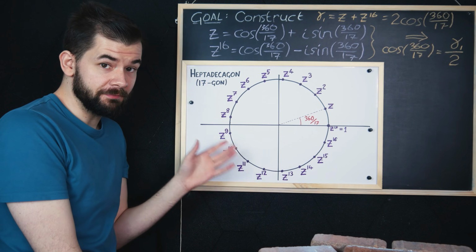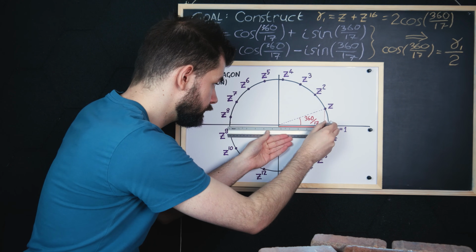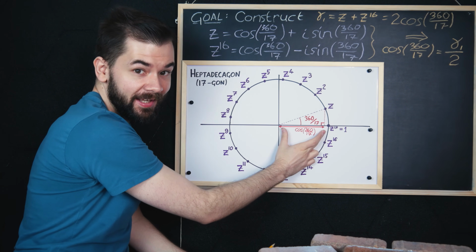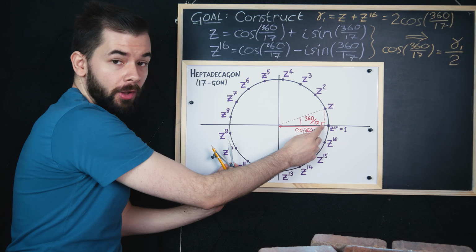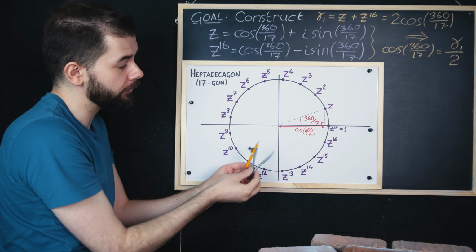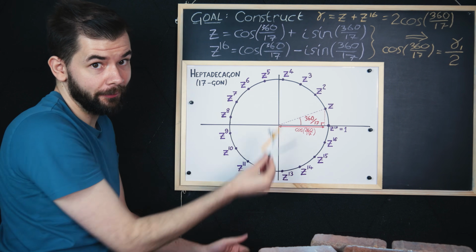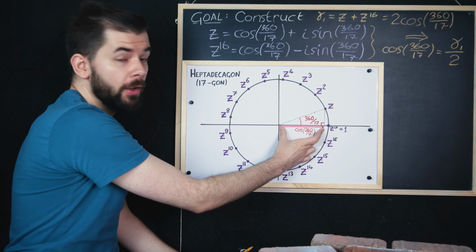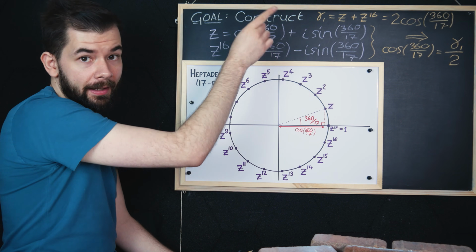And what's the significance of that? Well, cos 360 over 17 is this length here. And if this length here is a constructible number, then I can draw it. I can draw a perpendicular line upwards to the circle, and that gives me my first point, and then I can duplicate that around the circle. So if we can make this, we can make the regular heptadecagon. And we can make this if we can make gamma 1.